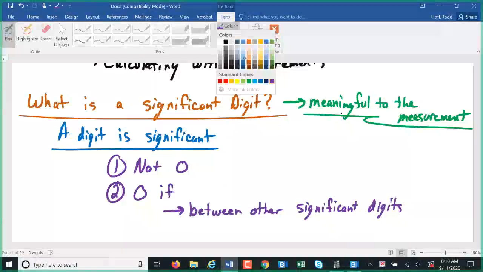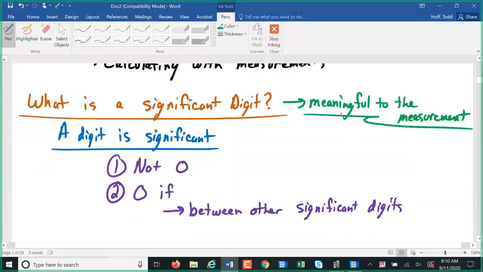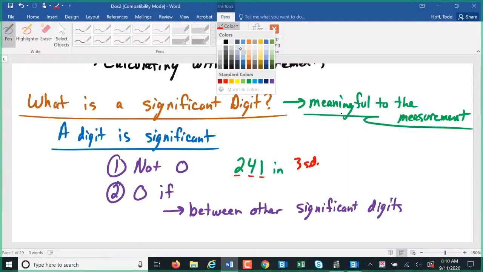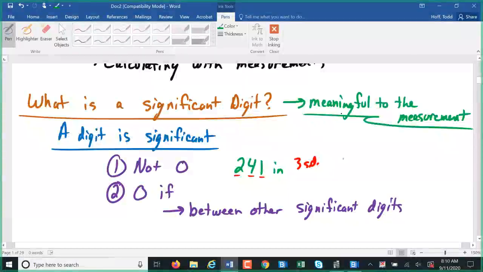Well, what's that mean? Well, not zero. 241 inches, that has 1, 2, 3 significant digits. 40 inches, that only has 1 significant digit, because the zero, in that case, does not count as significant.